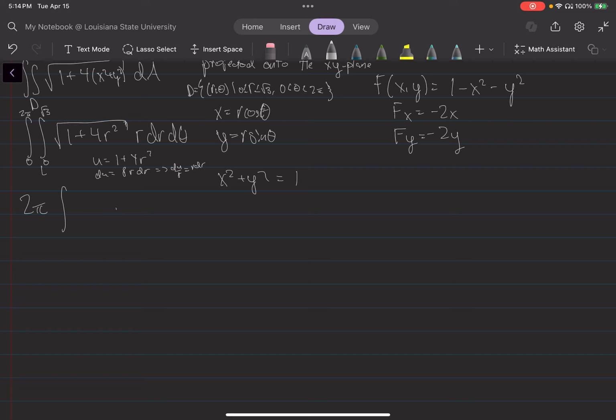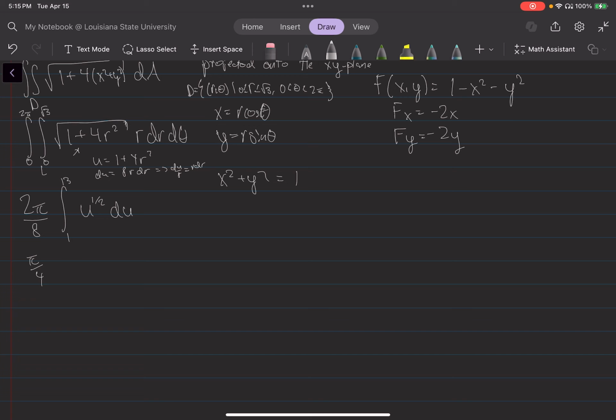So we could factor out the 1/8, and then we have u to the 1/2, the square root of u, right? Now our bounds change. When r is 0, u is 1. When r is square root 3, u is 13.